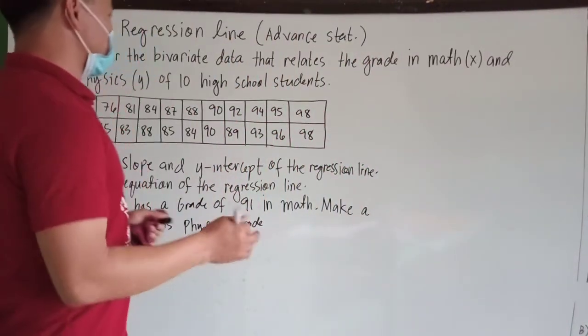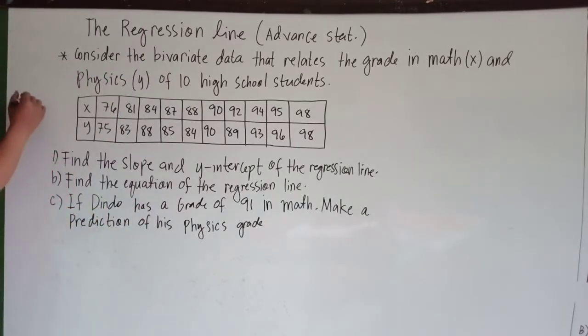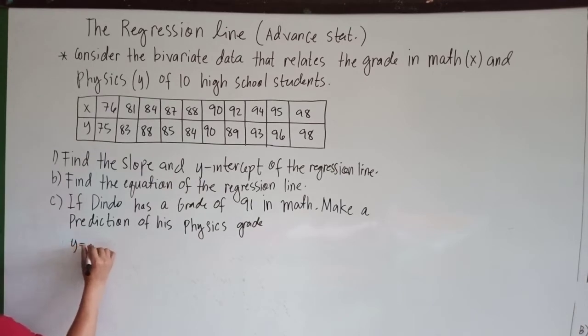Remember always that the equation of the regression line is represented by y is equal to a plus b times x, or y prime is equal to a plus bx.